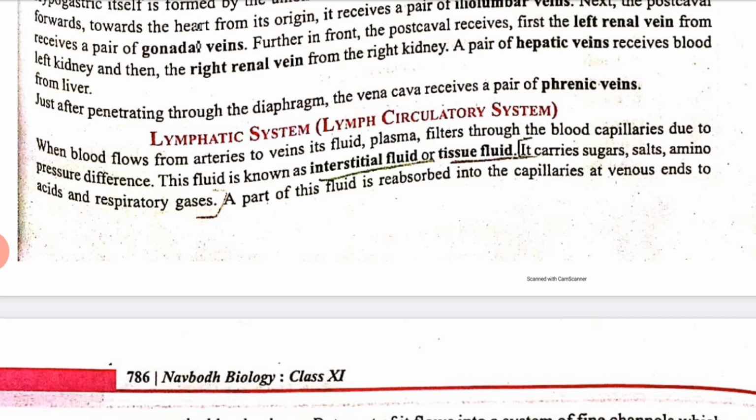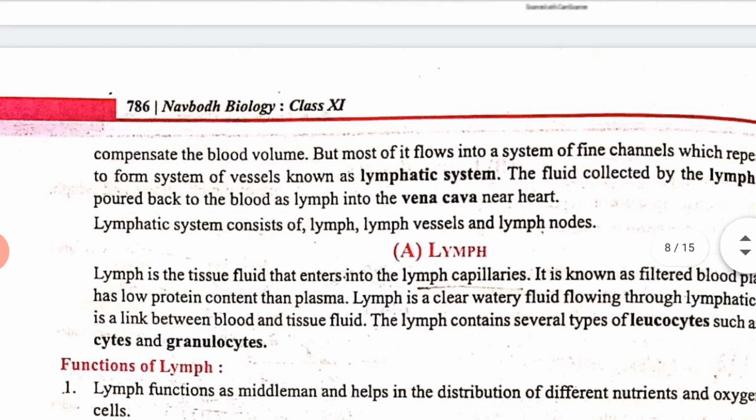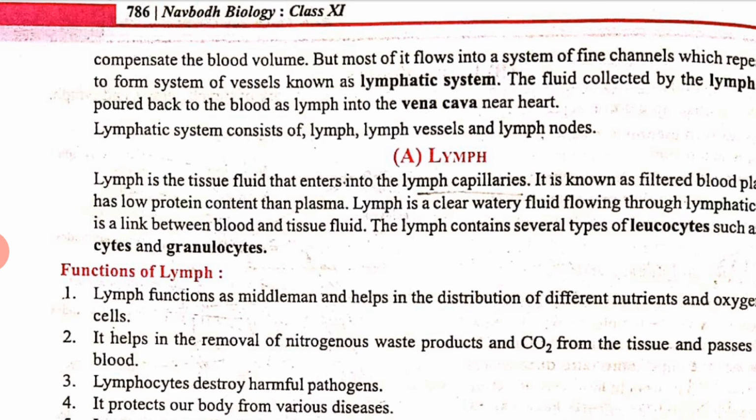It carries sugar, salt, amino acids and respiratory gases. A part of this fluid is reabsorbed into the capillaries at the venous ends, but most of it flows into a system of fine channels, in the form of vessels, that is known as the lymphatic system.